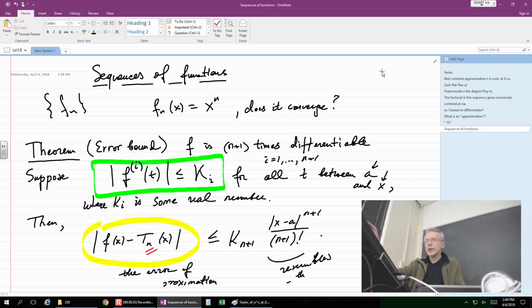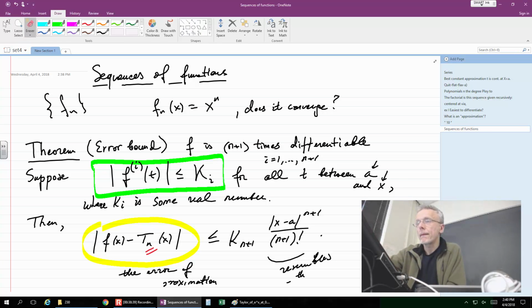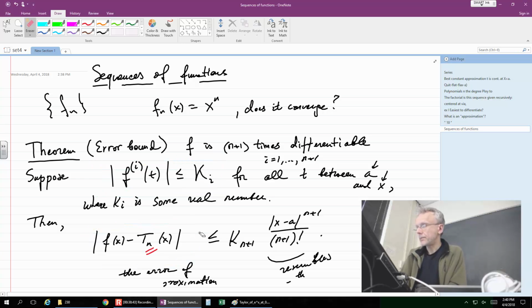The starting point is a function. But the interesting fact is that every function is supplied with its Taylor polynomials, and together they form a sequence of functions.